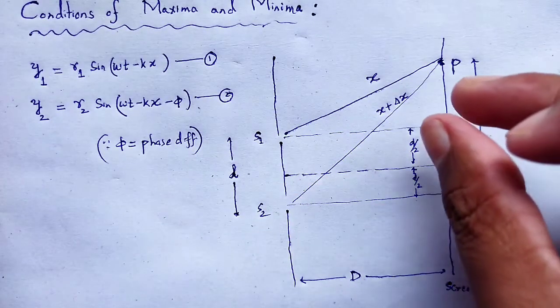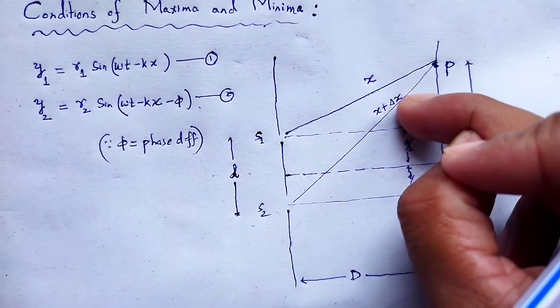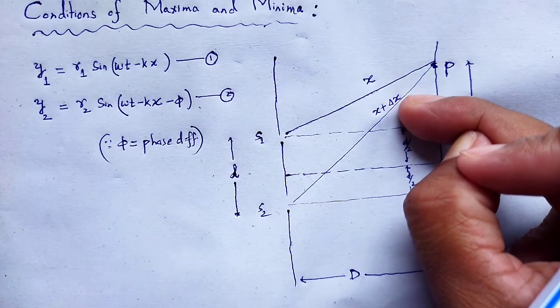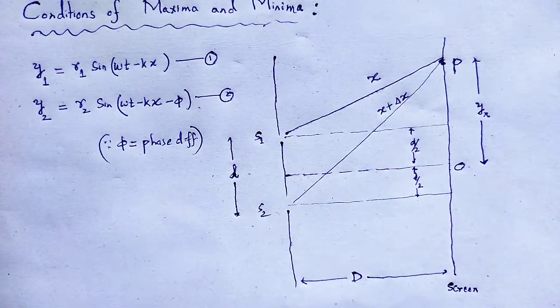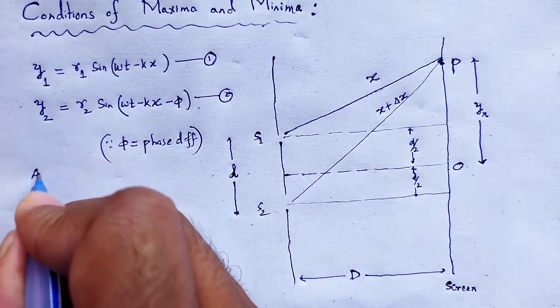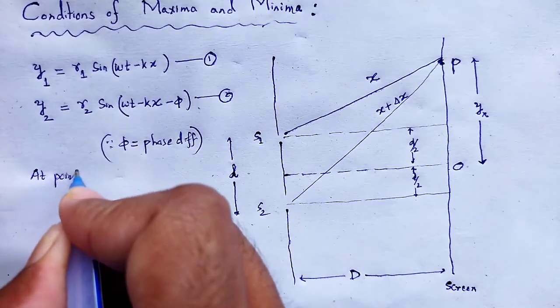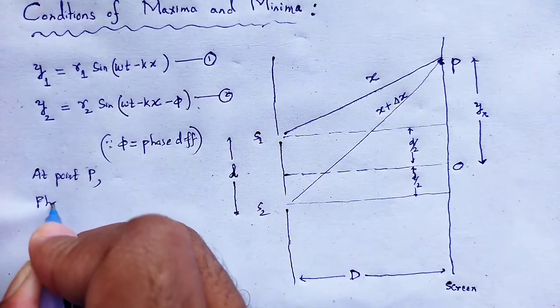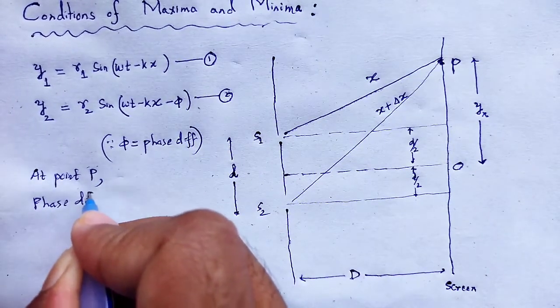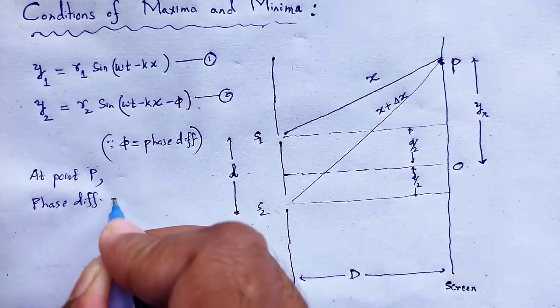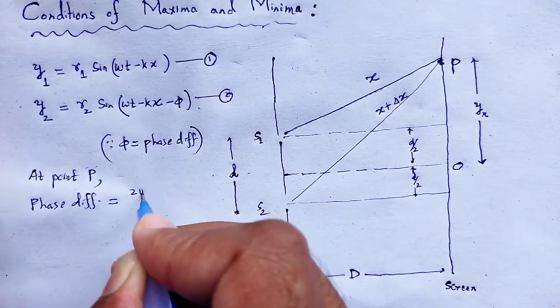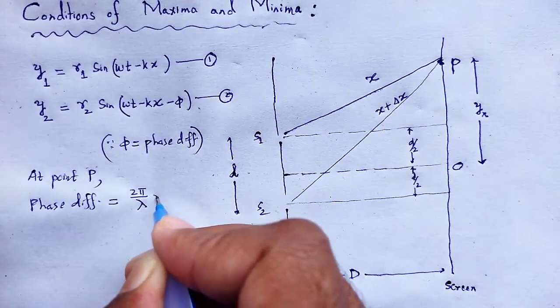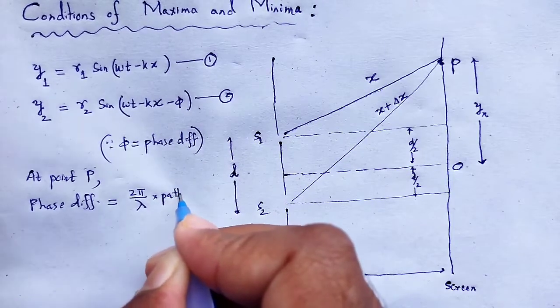Look here. Here the path difference is del x. We know a relation between phase difference and path difference. So at point P, the phase difference is equal to 2 pi by lambda into path difference.